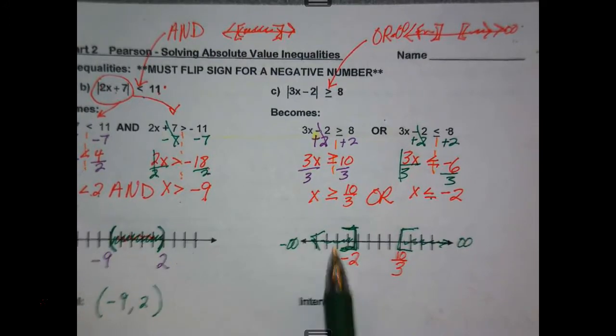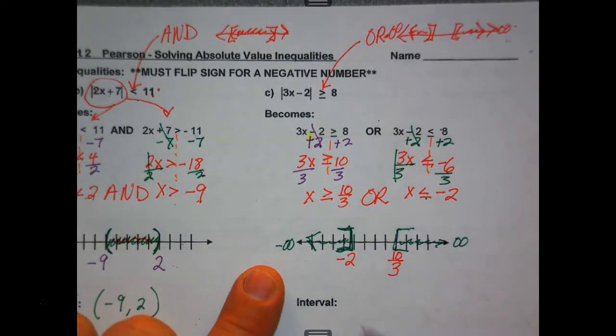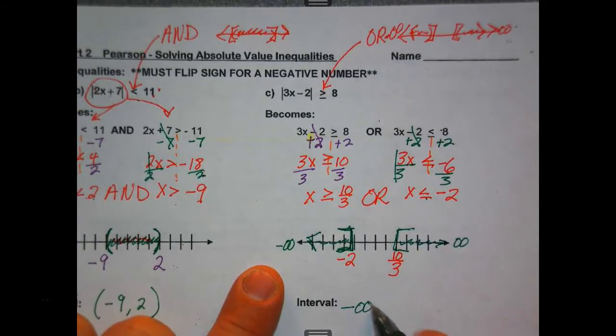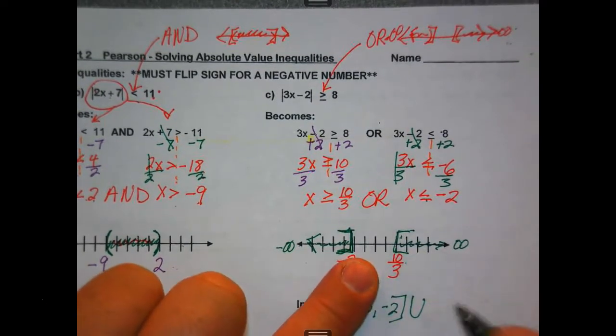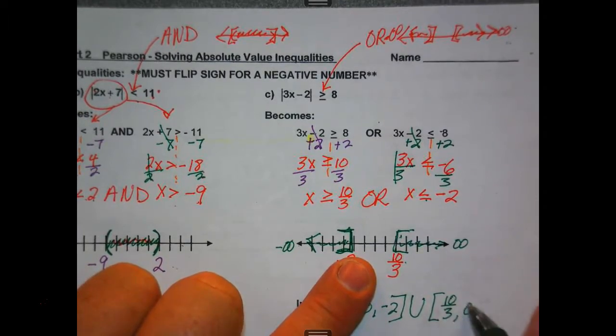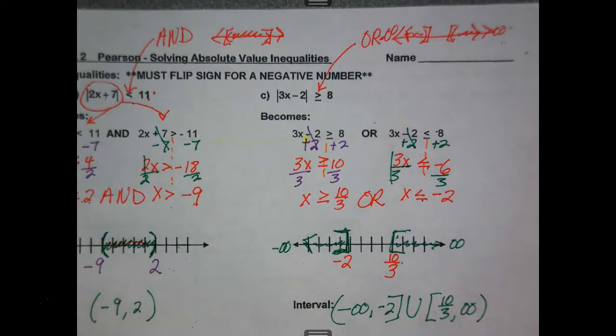And the interval goes from negative infinity to negative 2, and includes negative 2, right? Union, bracket 10 thirds, is the smaller one, and infinity is the large number. Always gets parentheses.